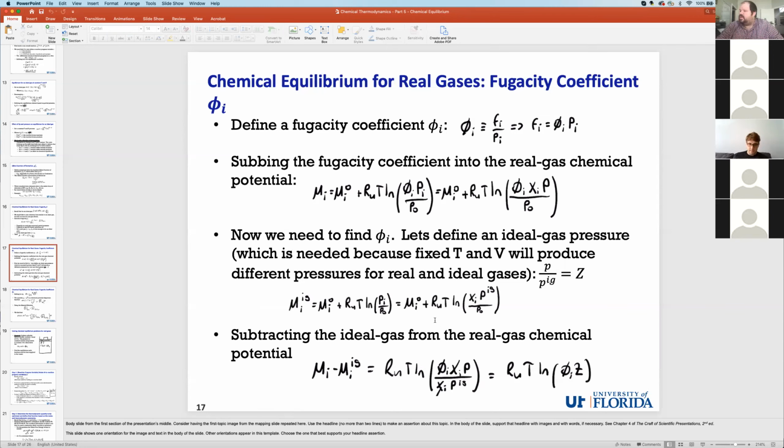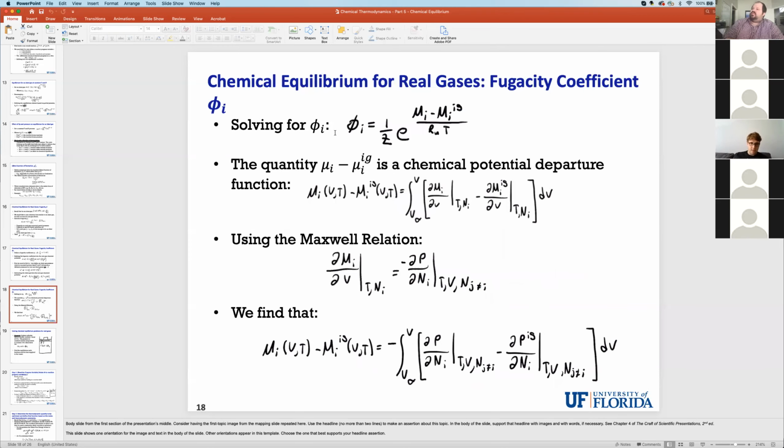Performing that subtraction, and playing with properties of logs, I get this expression here, and the x_i's cancel out, and I wind up with phi_i P over P^ig, and that is just the compressibility factor. So this departure function then is just equal to RuT times the natural log of phi_i times z. And so now we need to evaluate this and solve for phi_i.